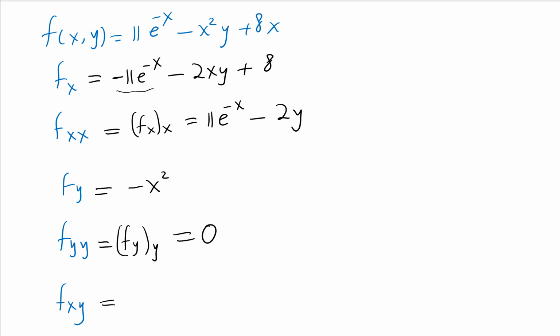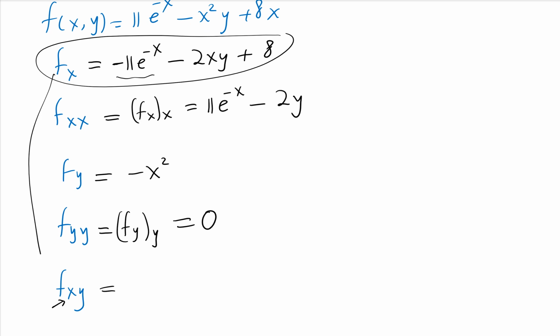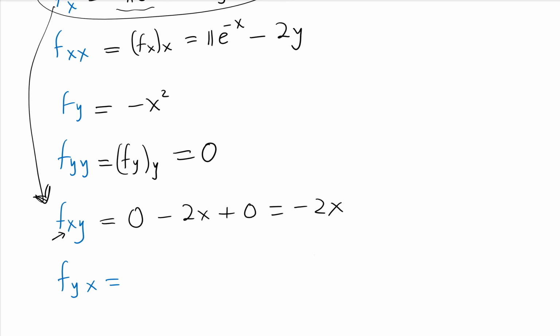So f_xy, we do x first, which we already did. We just need to find it, which is this one. We need to find the derivative of that with respect to y. It's 0 minus 2x plus 0. So the answer is negative 2x. Now, what about if we look at a different one, f_yx? What would that be? How do we calculate f_xy or f_yx?